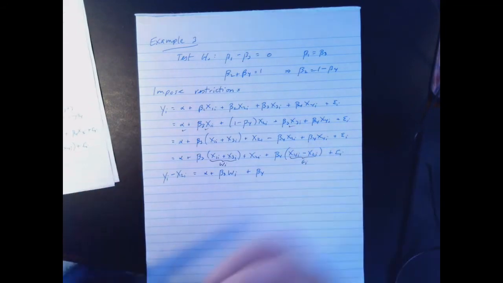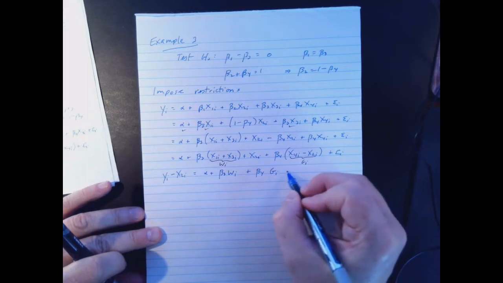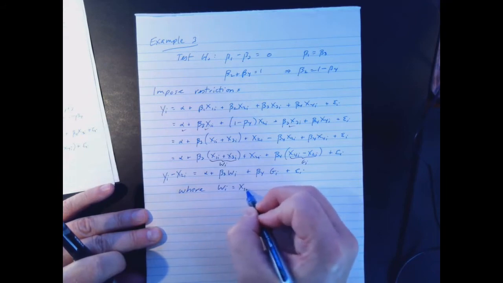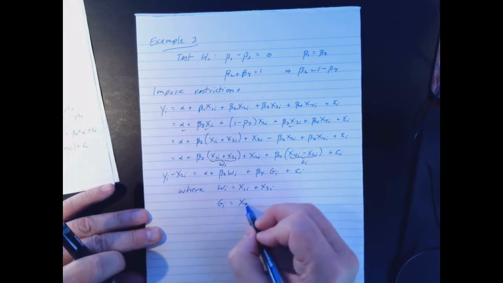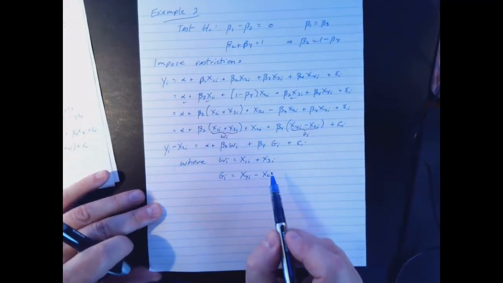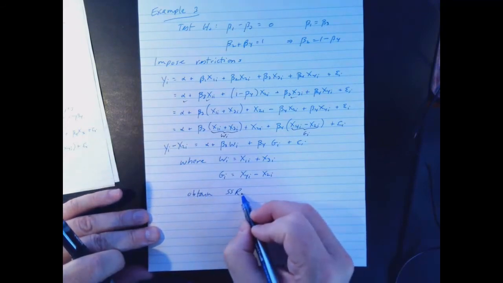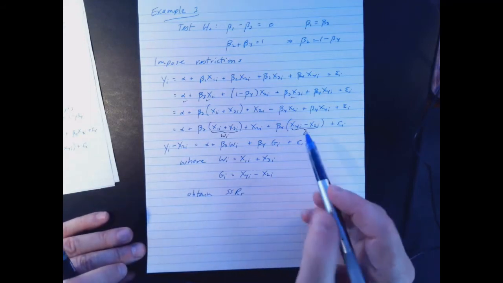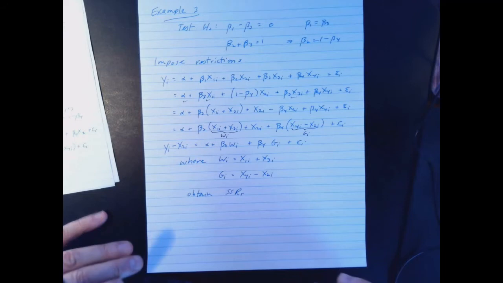I'll call that G. Plus epsilon, where W equals x1 plus x3, and G is x4 minus x2. All right, and from there you obtain the new sum of the squared residuals, and it all goes on from there the same way. So the key step here is knowing how to impose those restrictions.